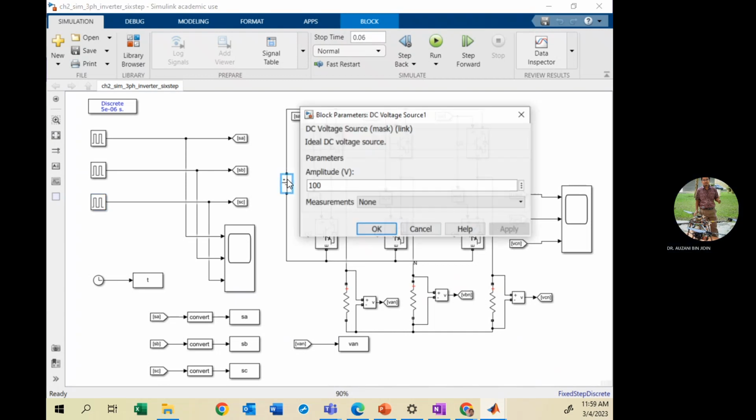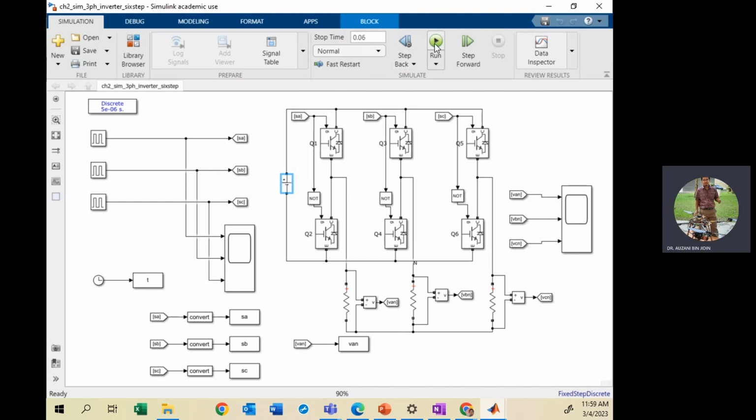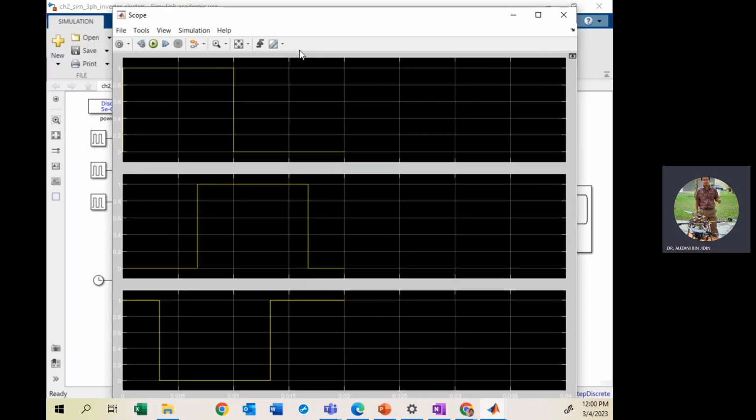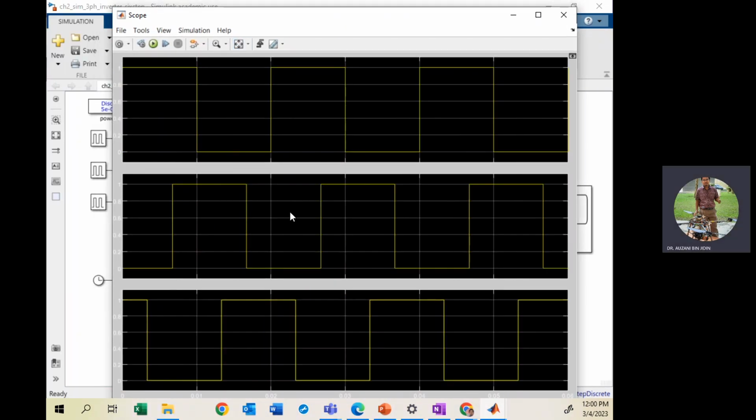Is it improved? The DC voltage is set to 100 volt. So then we can run the simulation. This is the switching state waveform. Before you construct the complete model, you can design only the switching state circuit first, because you want to verify your setting of the pulse generator is okay or not.